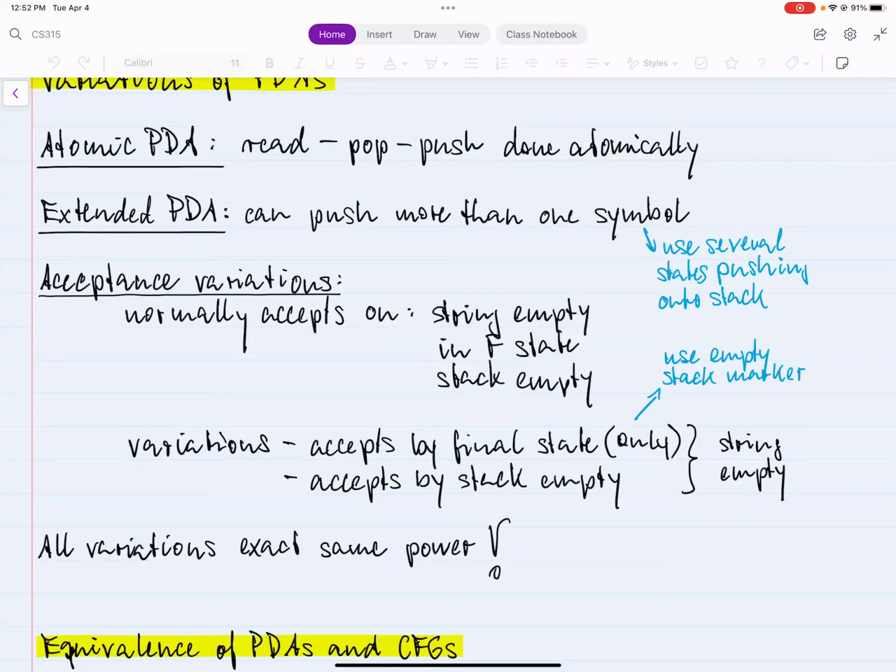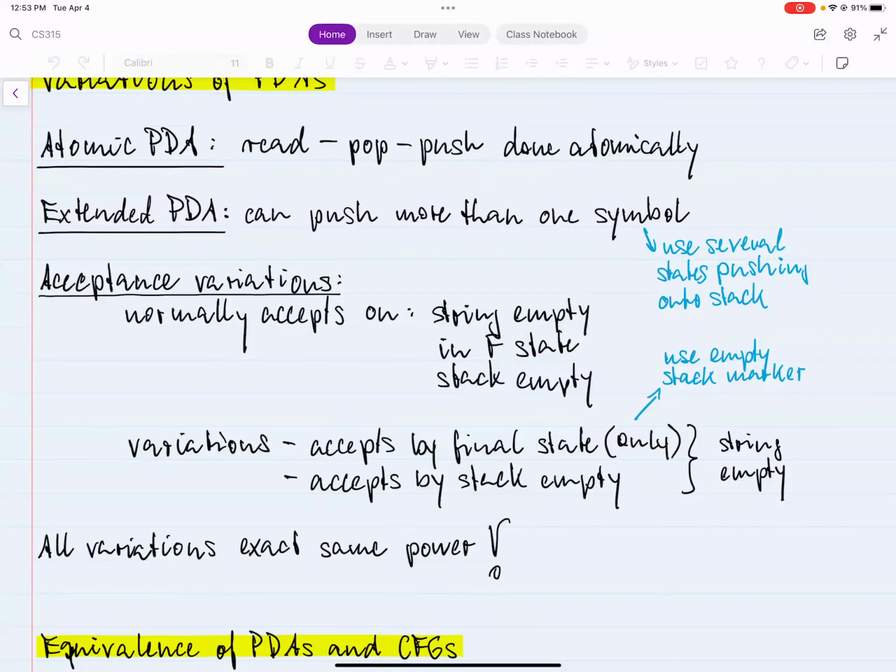So you know by now that a PDA works by doing three things. When a new state transition is being taken, it reads the input symbol, it pops something off the stack, and then it pushes a new symbol onto the stack. Okay, so this is being done all in one go.